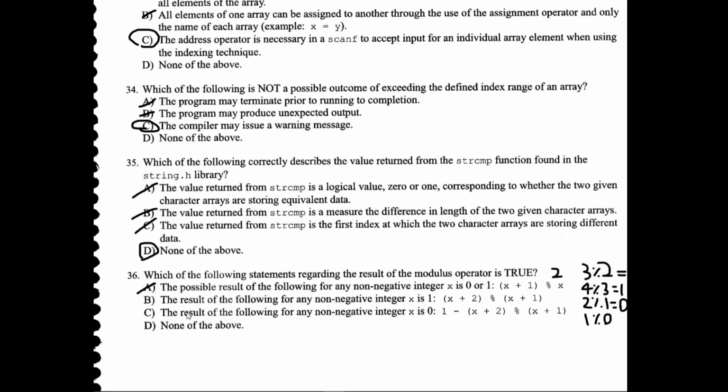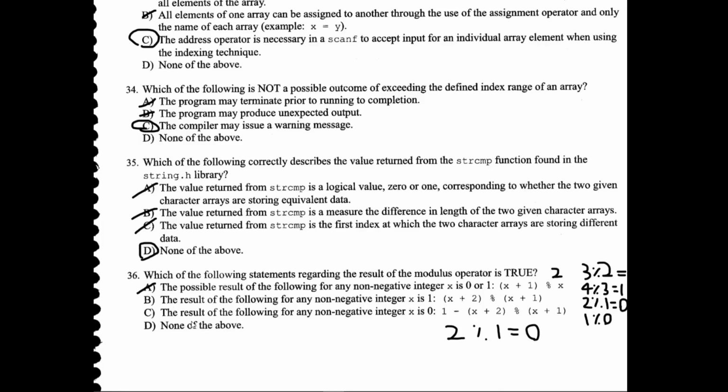Now, B and C are both very similar. B asks, the result of the following for any non-negative integer x is 1. Okay, well, again, any integer other than 0 is going to return 1. But if you plug in 0, then it becomes 2 modulus 1, which is 0.